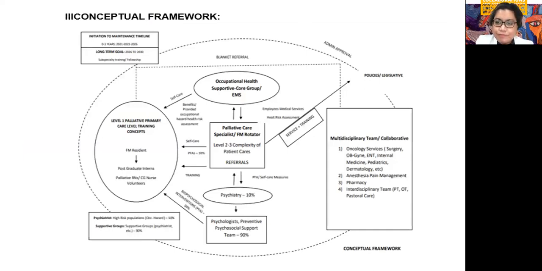There is also a conceptual framework which I have initiated applying the principles, highlighting the support system for the palliative care team as well.